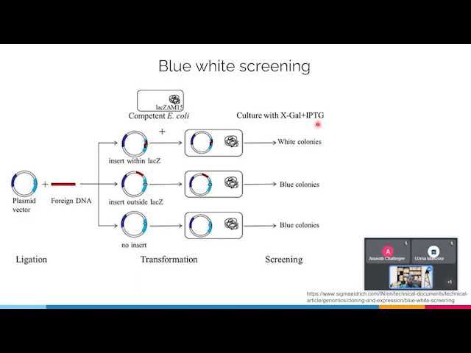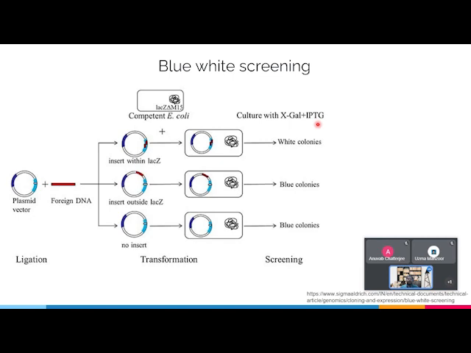When you put both of them on the plate, functional beta galactosidase will go ahead and chop up the X-gal substrate, and after chopping it up, it will produce blue color, whereas bacteria having your insert do not have any beta galactosidase, and they will not be able to cleave X-gal, and they will only have white colonies in nature.